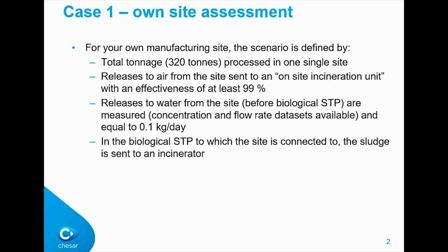Releases to water from the site, meaning before the biological STP, are measured in terms of concentration of the substance and flow rates where datasets are available, and are equal to 0.1 kilogram per day. And in the biological STP to which the site is connected, the sludge is sent to an incinerator, therefore it is not applied to agricultural soil.